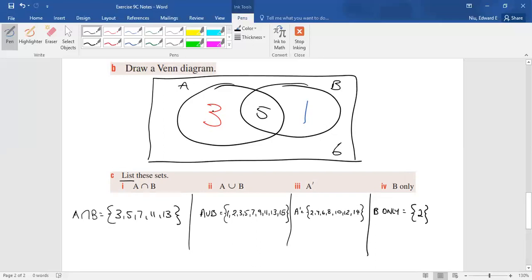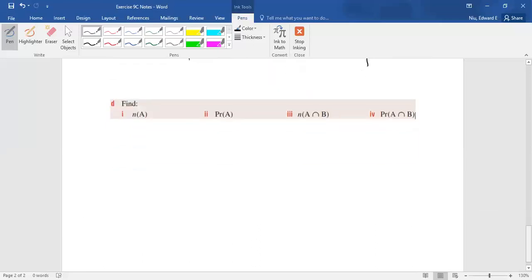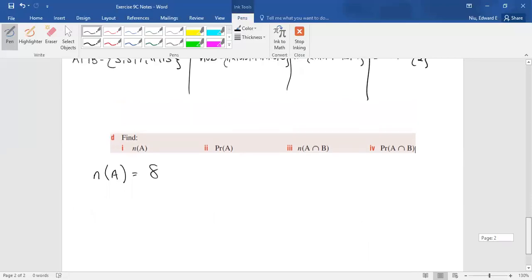So we can say there's 8 elements in set A. So the number of elements in A equals 8. Notice how whenever we have n and brackets, we're not told to list, so we don't have to write every number that's in set A, we just write the total. That's the difference between example C and example D.